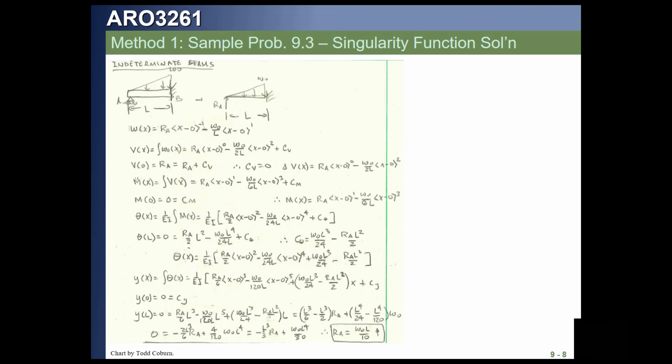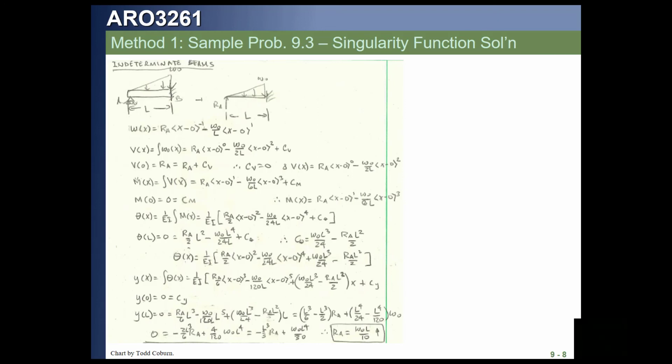If we plug in our shear at just the positive side of 0, we know that must be RA. So plugging in x equals 0 into our equation, we find out that CV must be 0. Therefore, the shear as a function of x is just RA, x minus 0 in brackets, to the 0 power, minus w0 over 2L, x minus 0 squared.